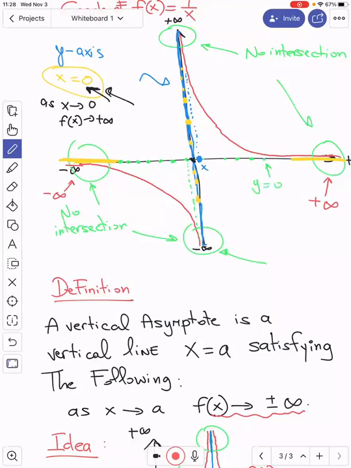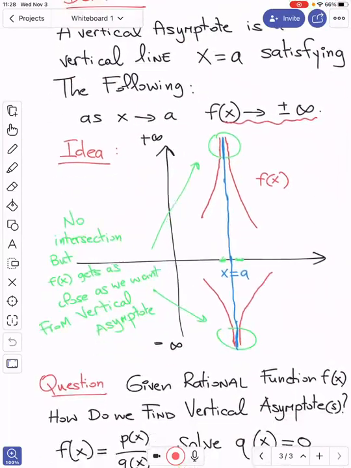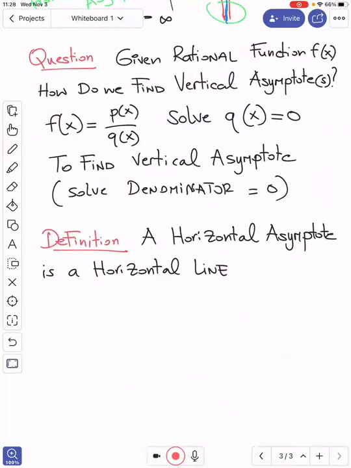Because if you take any point, the y would be 0. So it's a horizontal line given by the equation y equal to, let's say, instead of a, I'm going to use a different letter, let's say L, satisfying the following.